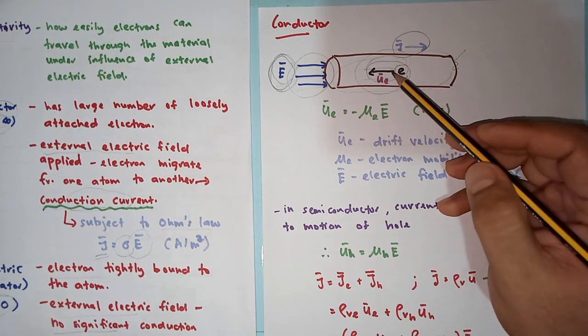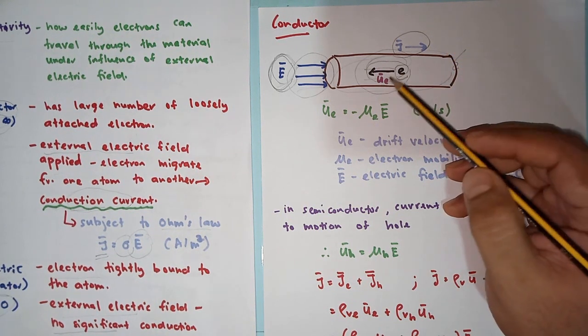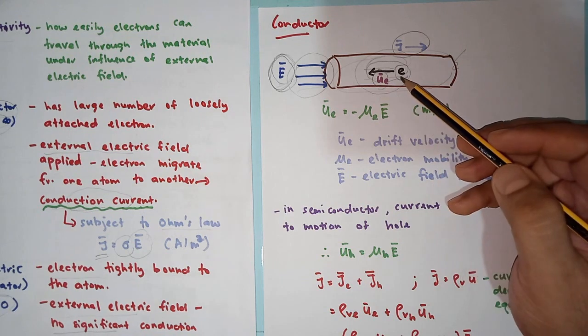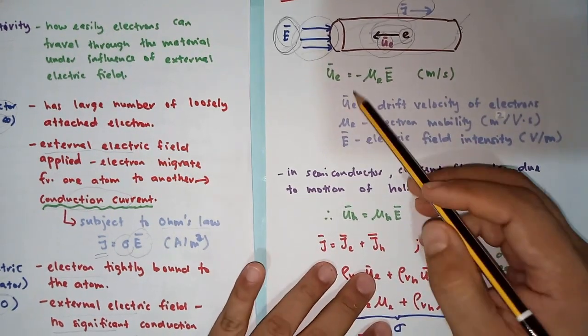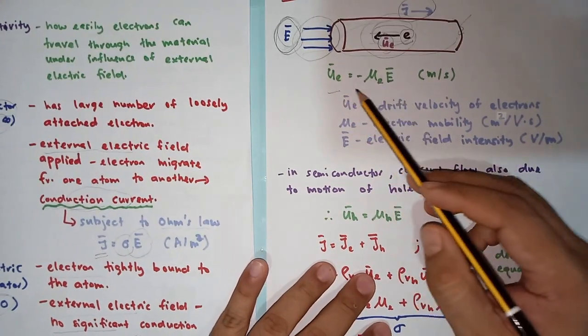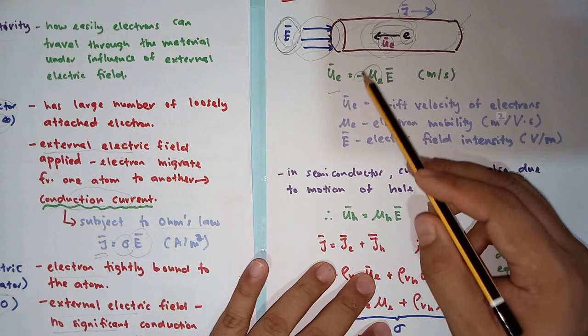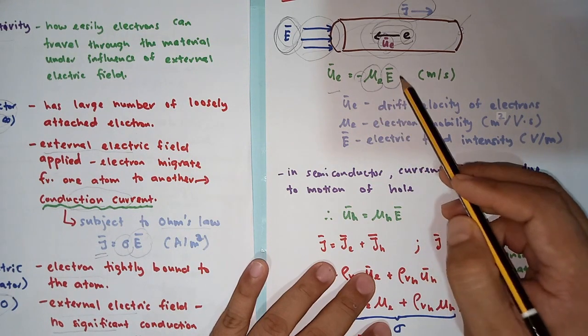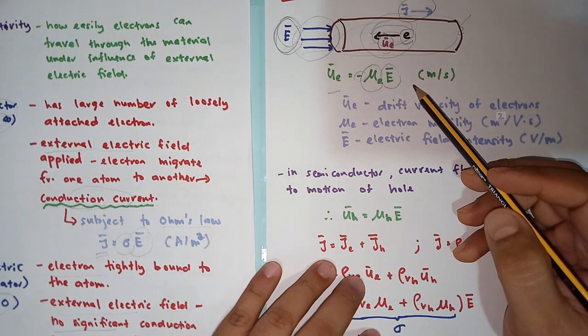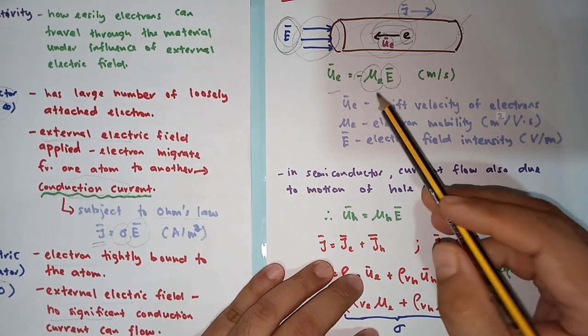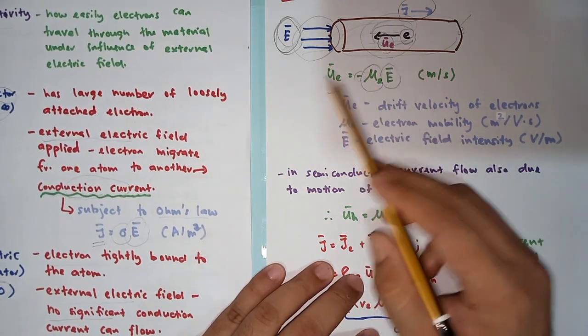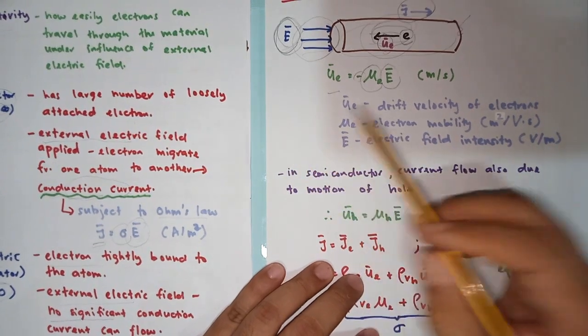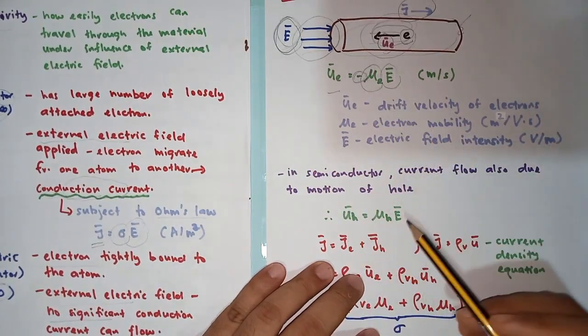Let's assume our velocity is represented by this vector u_e, where u_e is equal to minus mu_e multiplied by the electric field intensity vector E, and because the directions of both motions are opposite to each other, we have the negative sign here.